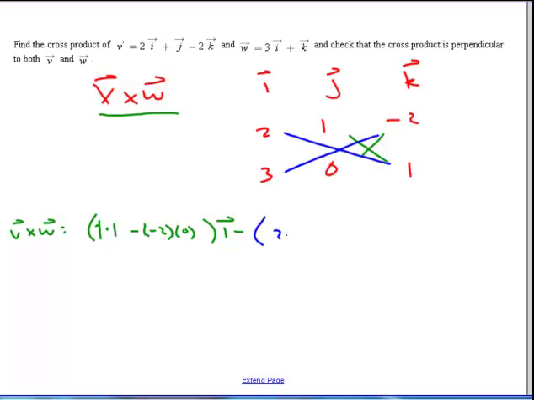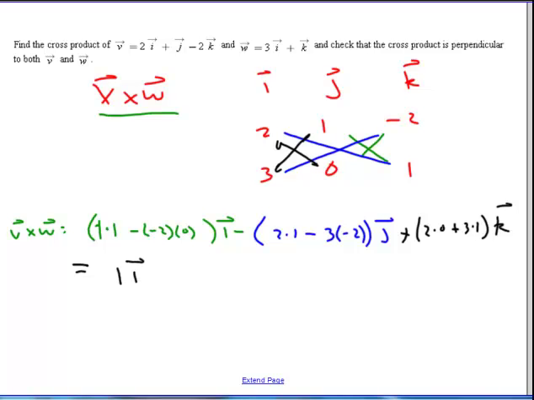So minus 2 times 1 minus 3 times negative 2, j. Plus, now we're looking at our k values, 2 times 0 minus 3 times 1, k. So simplifying this, we have 1i minus 8j plus 3k. And that is v cross w.